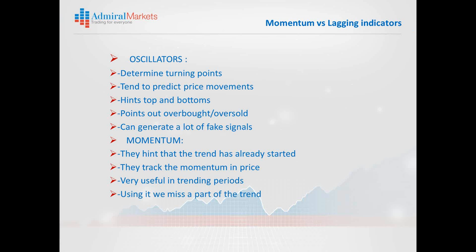But that part of the trend is not 20 pips, right? The trend usually starts with, I don't know, 50, 100, 200 pips. So if we are in the trend, we can profit from each retracement, right?